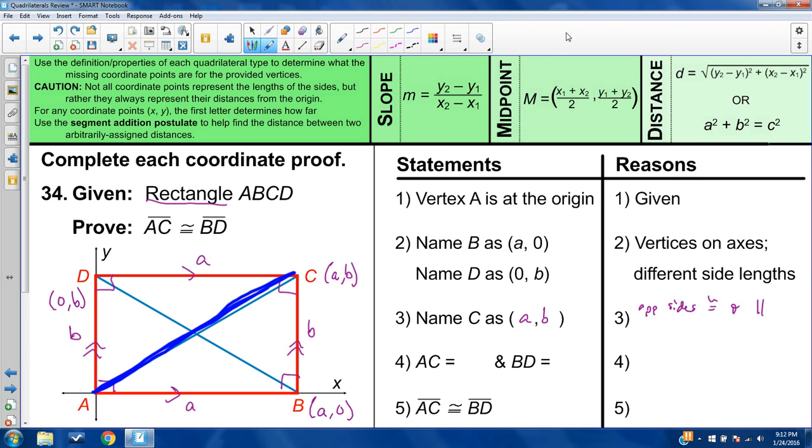So what I'm going to do is say the distance of AC is the square root of... A is at 0, 0. C is at A, B. I'm going to take these as my x2, y2, and x1, y1.